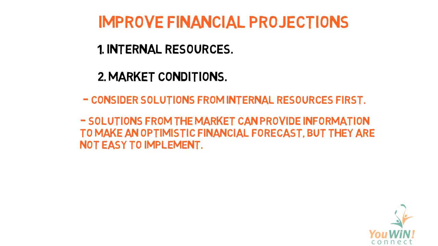If you are increasing sales, you must do that in a realistic way that is in tandem with what the market can take. There's a warning that we must not play with numbers. In other words, ensure that whatever we do in terms of improving projections must be within realistic levels.